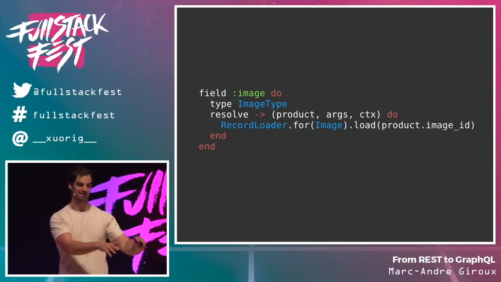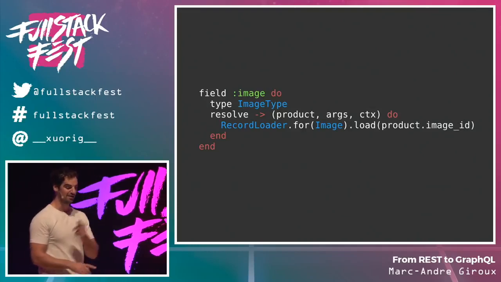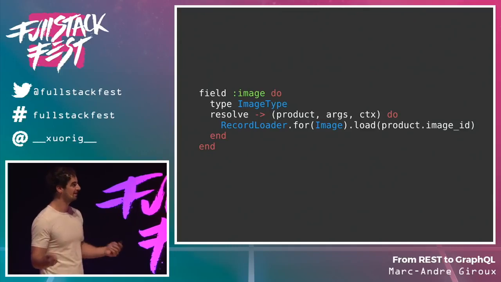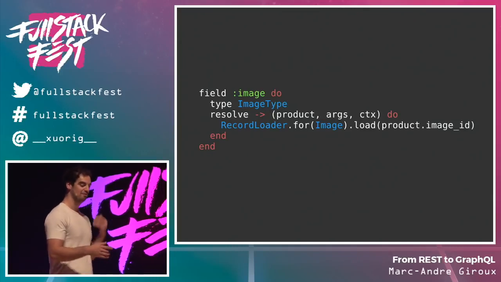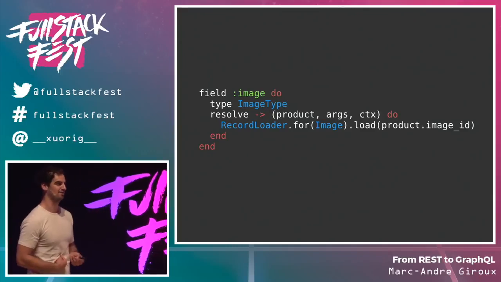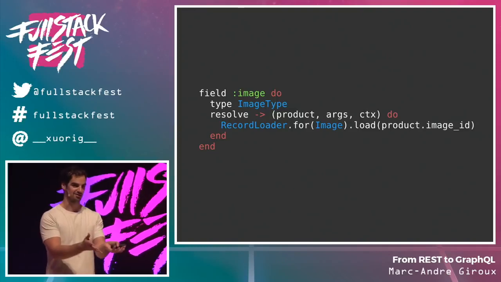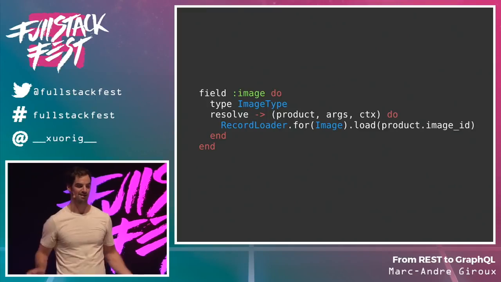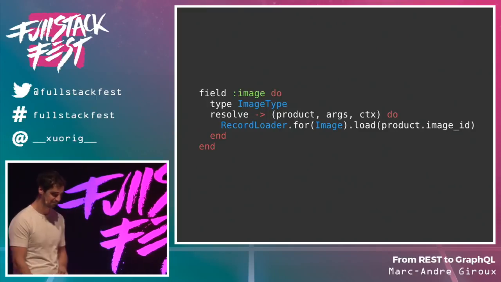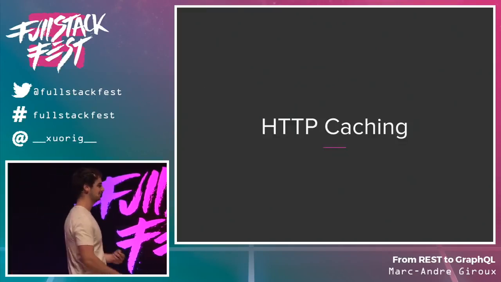I'm just going to give you the ID. When all the other products in the array have given you their IDs, fetch all of them and return the one I want. So we're batching all these IDs and saying to the loader, I only want that one, but fetch all of them at the same time. That solves it pretty well.